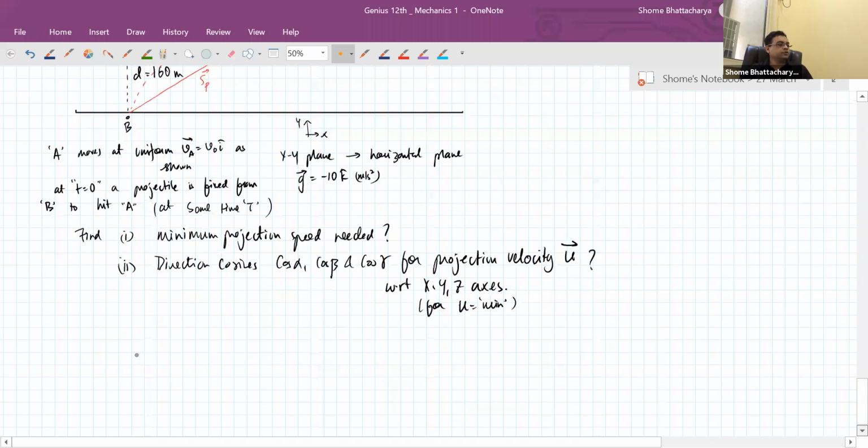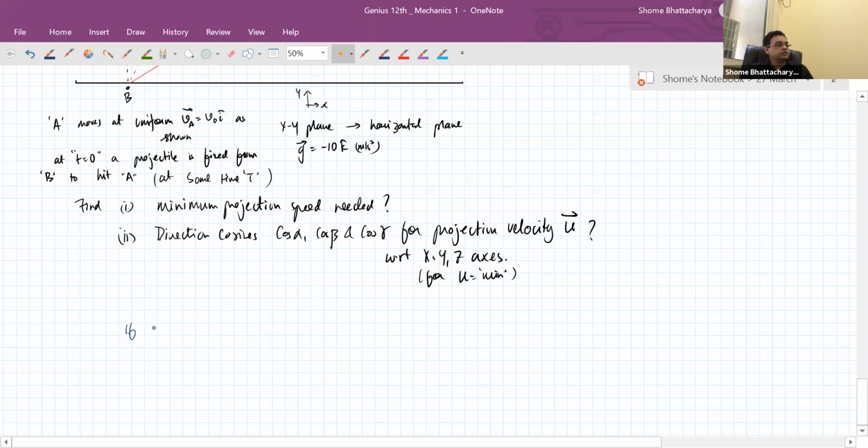So you can see that suppose the projection velocity at B is ux i cap plus uy j cap plus uz k cap. Okay. Then the displacement of B as a function of time.